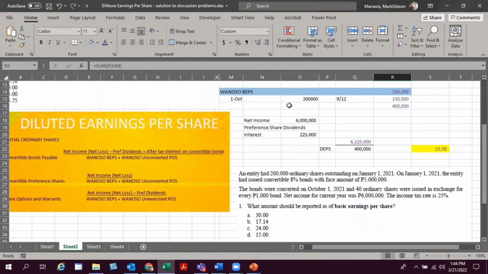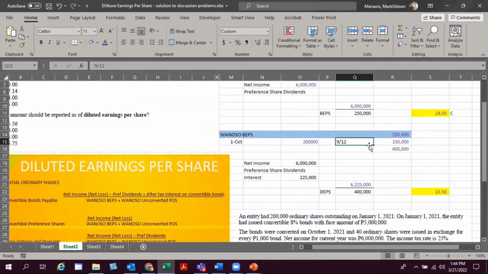And then of course, we'll compute for the potential ordinary shares. Sabi natin, established na natin that's 200,000. So paano ulit na-compute yung 200,000? That's 5 million over 1,000 multiplied by 40, and the number of months before it was converted.